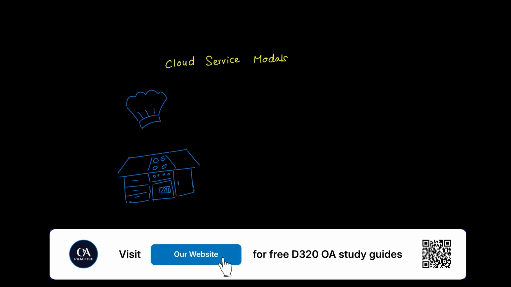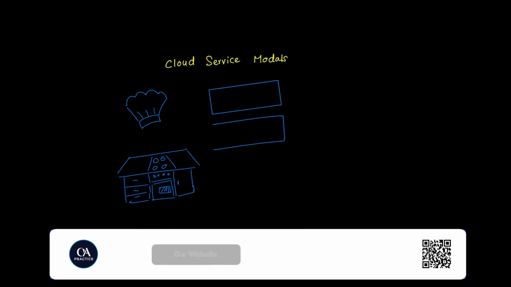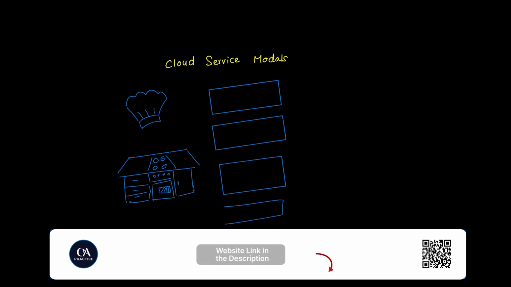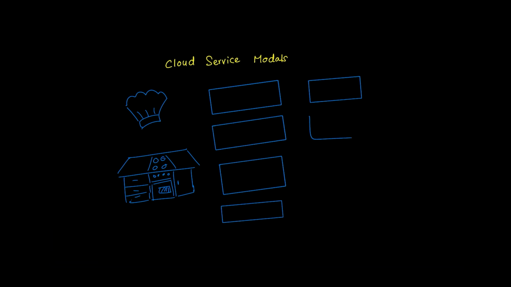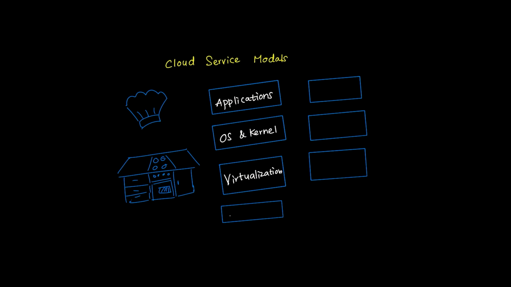Infrastructure as a service, or IaaS, gives you a virtual data center where you control everything from the operating system upward, including that crucial ability to modify the kernel, the core of the operating system that controls how software interacts with hardware. This level of control is essential for specialized applications, like trading algorithms that need microsecond-level optimizations.